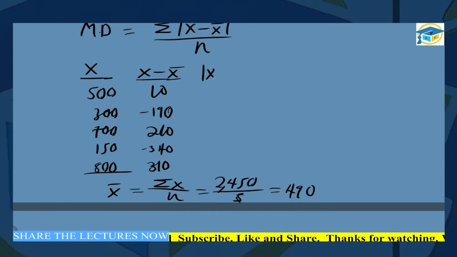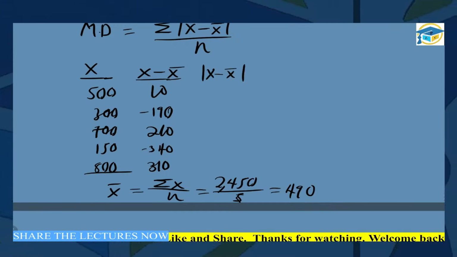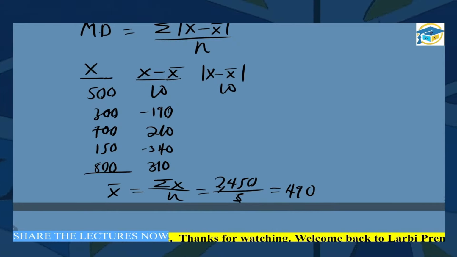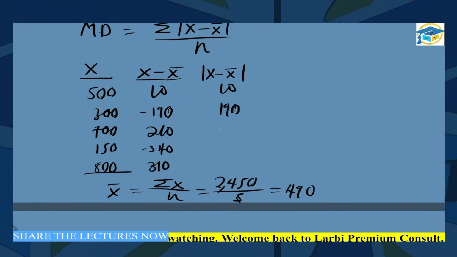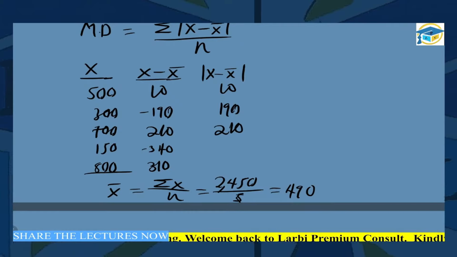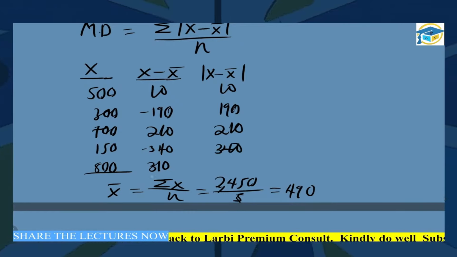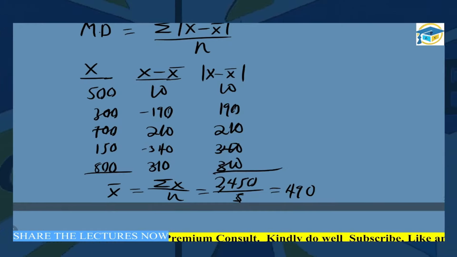Absolute means that if it is negative, it becomes positive; if it is positive, it remains positive. So the absolute value of 10 is 10. Absolute value of negative 190 is positive 190. 210 is also 210. Negative 340 is positive 340. And positive 310 is positive 310.